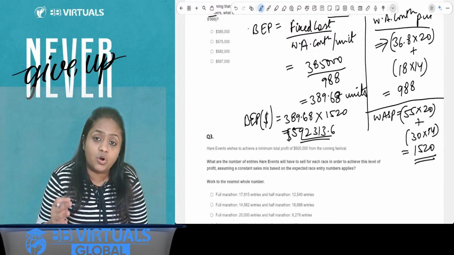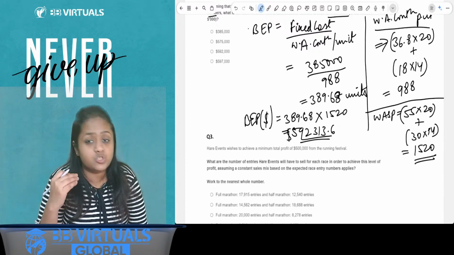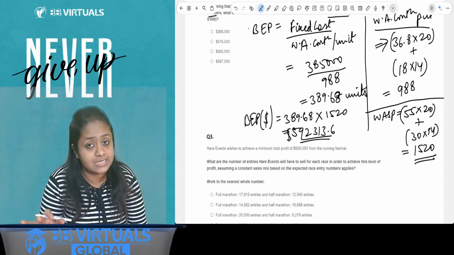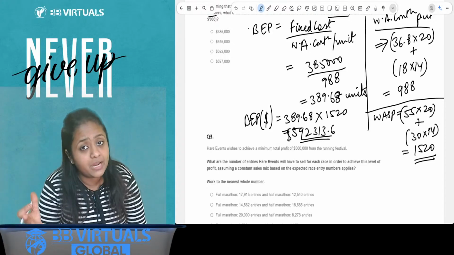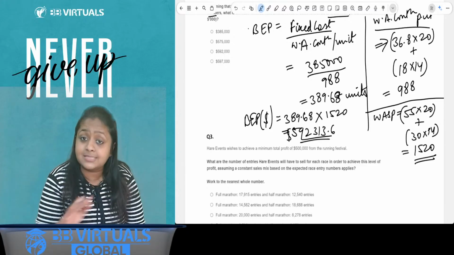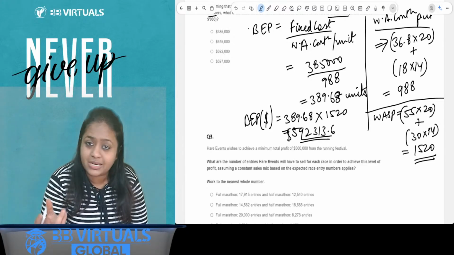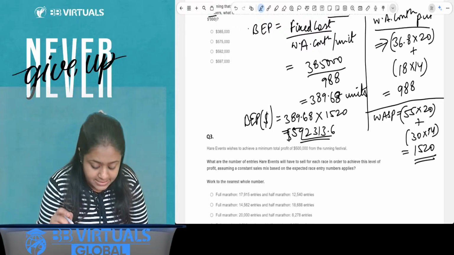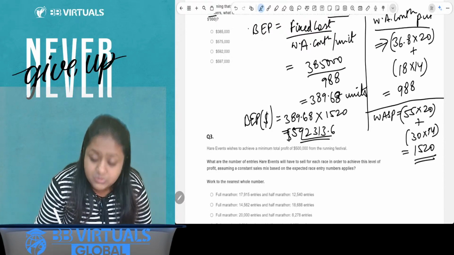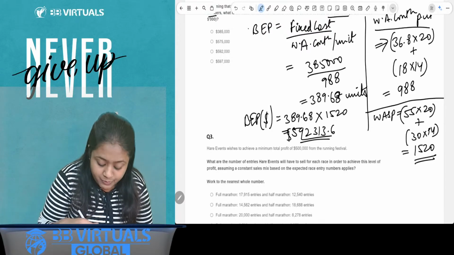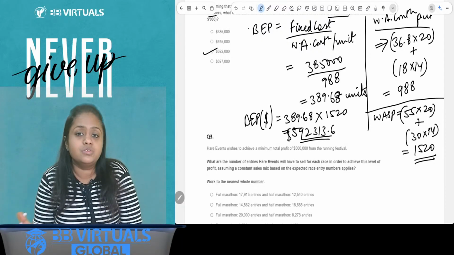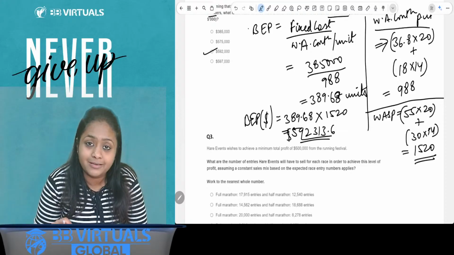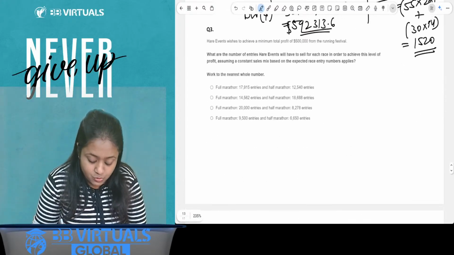If you want the dollar value, you can divide the fixed cost by weighted average CS ratio, or divide it by weighted average contribution, then multiply it with weighted average selling price. You will get the same answer. Just a bit of variation in decimals, and that's acceptable in the exam. So here 592,314 approximately, which number do you find very near to it? 592,000. So this is my correct answer. Clear? Great. Okay, let's do the next one.